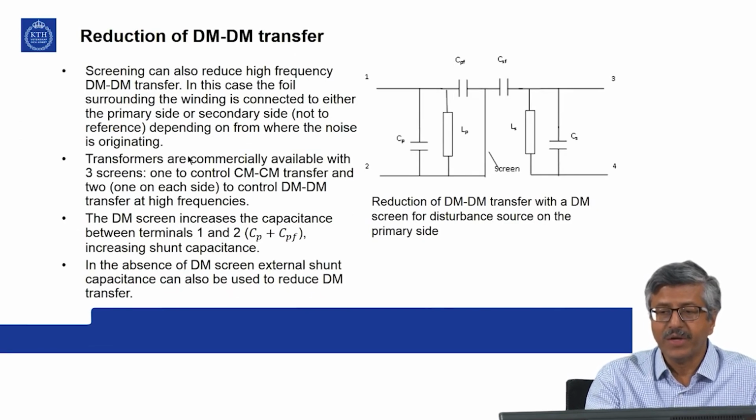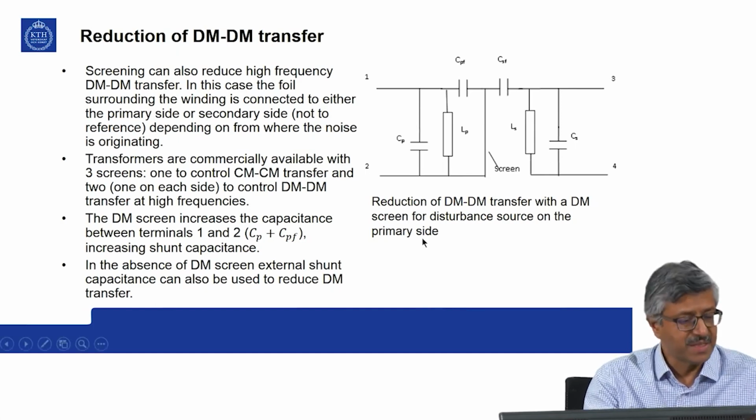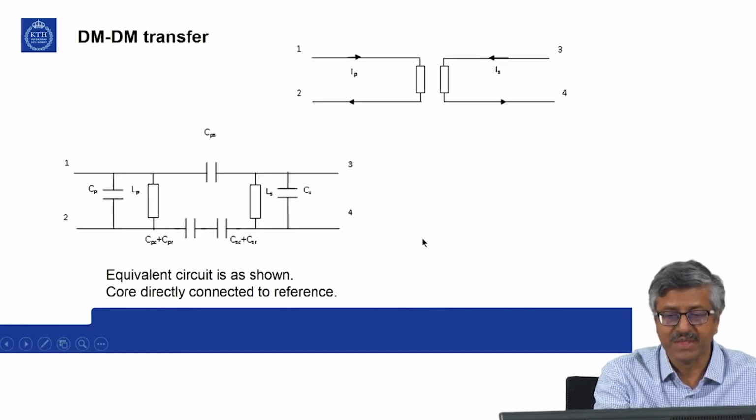So, how do you reduce DM to DM transfer? CPF and CSF in the previous, CPS is the one.